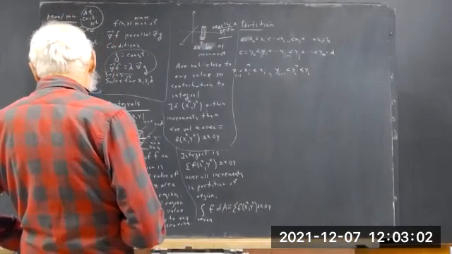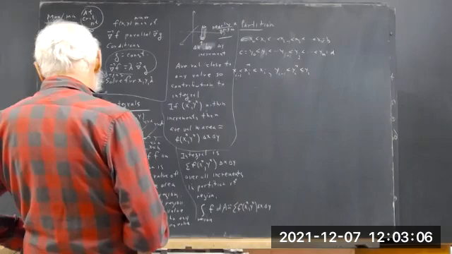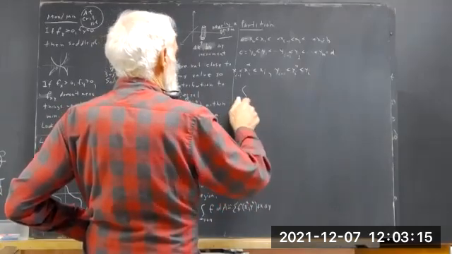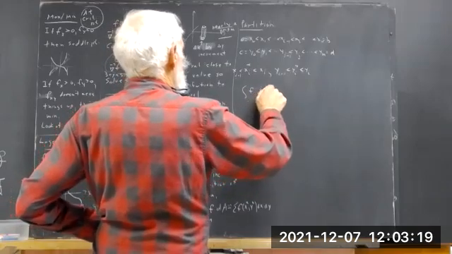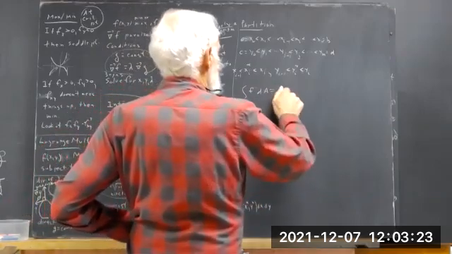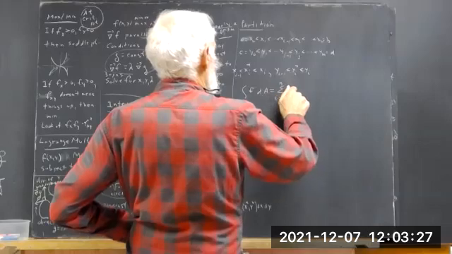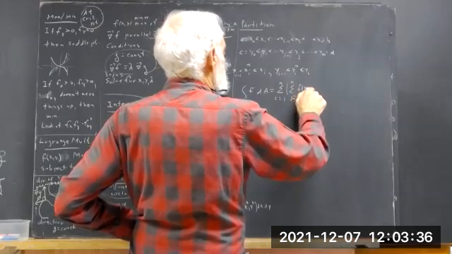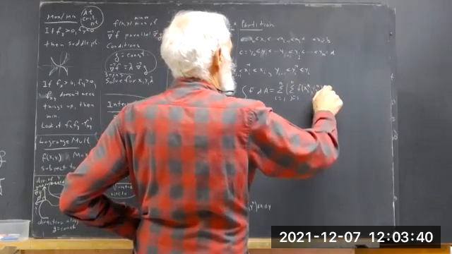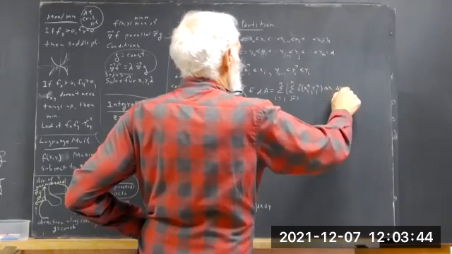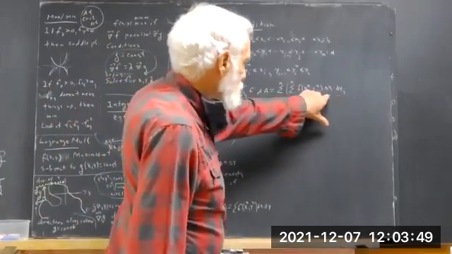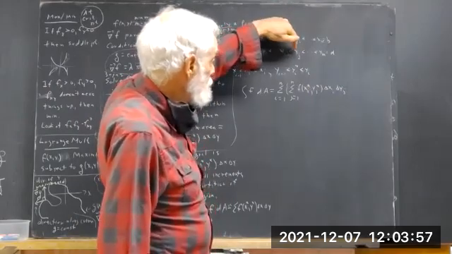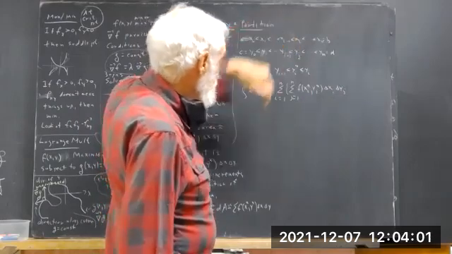Then the integral of f with respect to area would be the sum of the sum of f times delta x i, delta y j. Delta x i is just x i minus x i minus 1, and delta y j is just the width of this interval, y j minus y j minus 1.